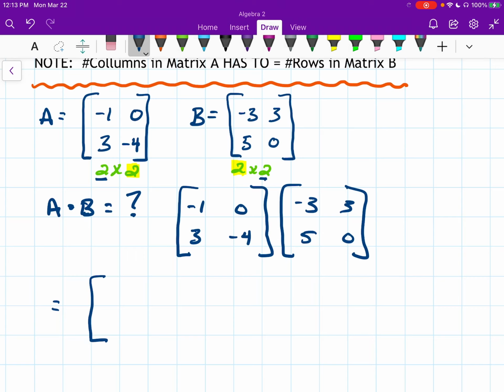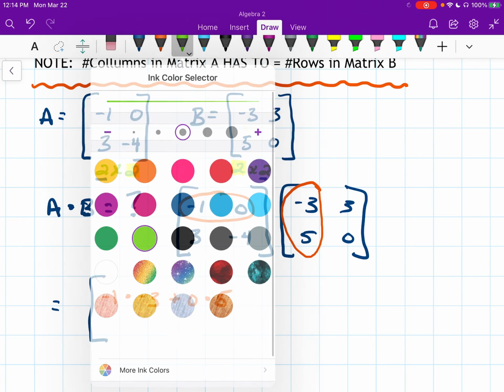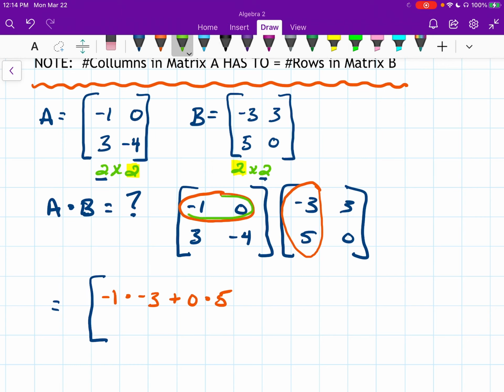Now, we take the rows of the first one, that row, times the first column. So the first row times the first column. I'm going to take -1 times -3 plus 0 times 5. And that's going to be the first element in our new piece. Now I stay with the first row, and I switch to the second column.